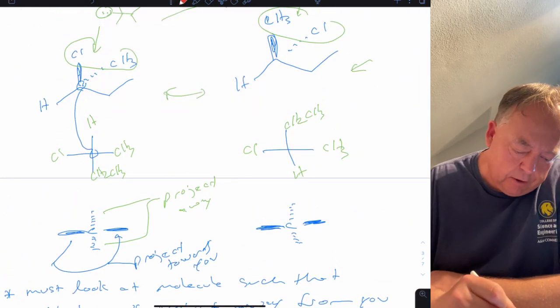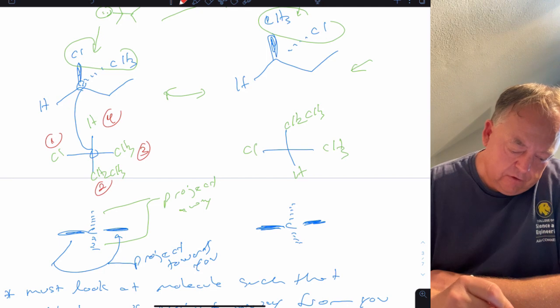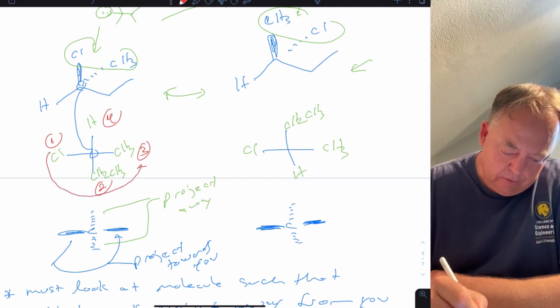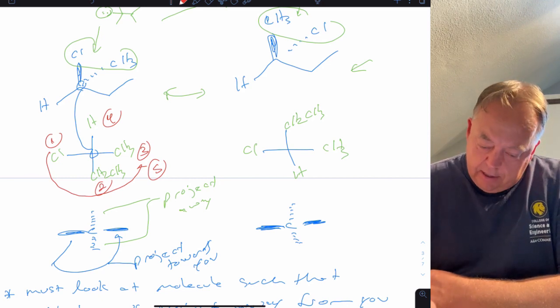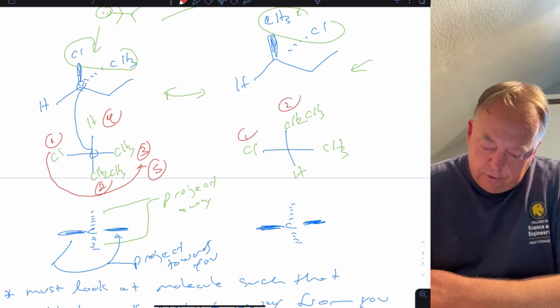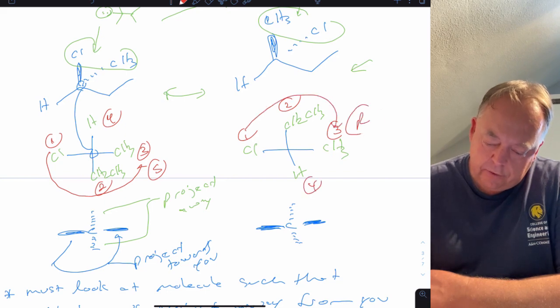Chlorine is number 1, ethyl is number 2, methyl is 3, and hydrogen is 4. If you draw your arrow from 1 to 2 to 3, that's counterclockwise, that would be S. And here chlorine's 1, ethyl's 2, methyl's 3, hydrogen's 4, and 1 to 2 to 3 is clockwise, that would be R.